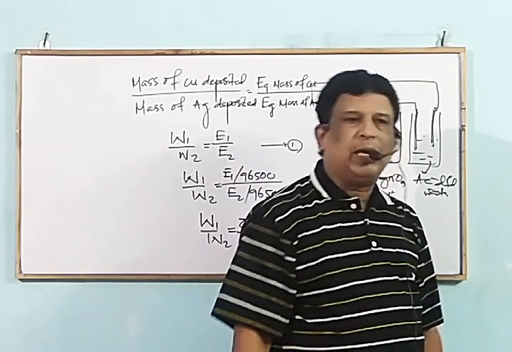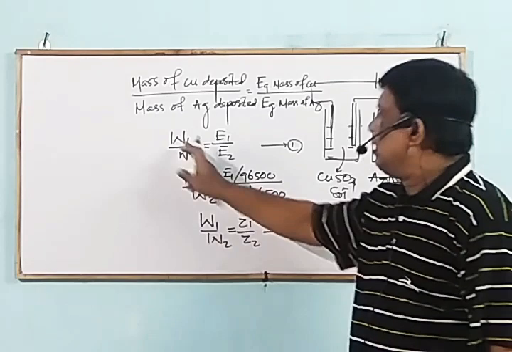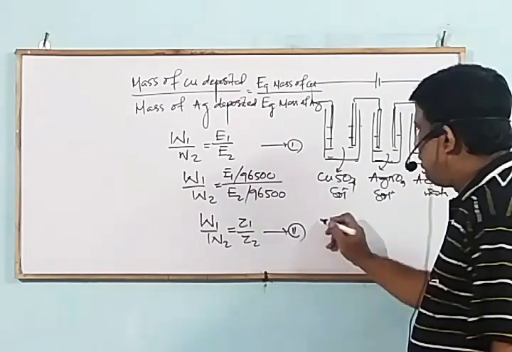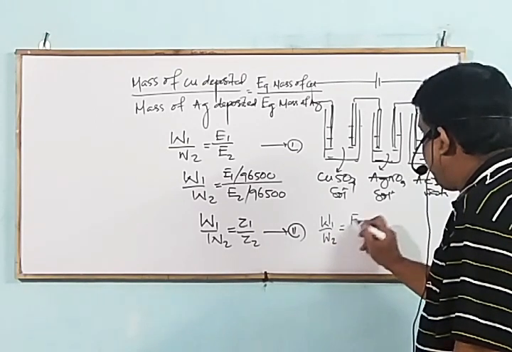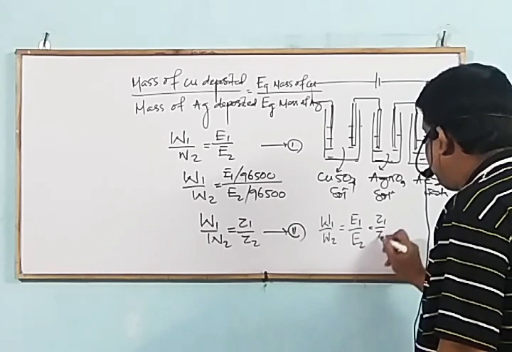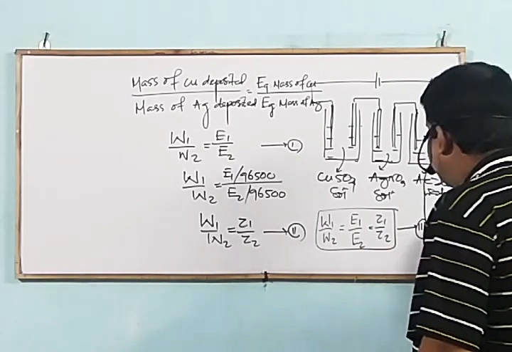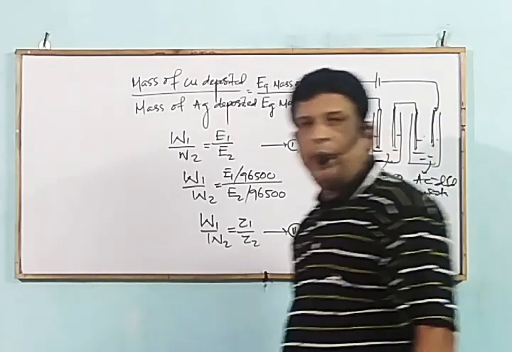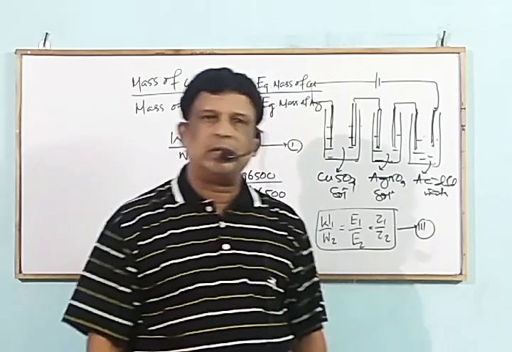So by comparing equations 1 and 2, we draw the conclusion that W1/W2 = E1/E2 = Z1/Z2, equation 3. It is the mathematical expression of Faraday's second law of electrolysis.